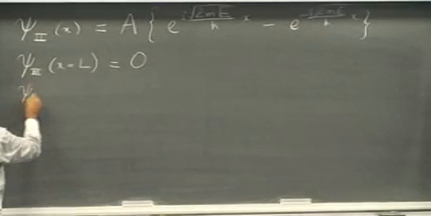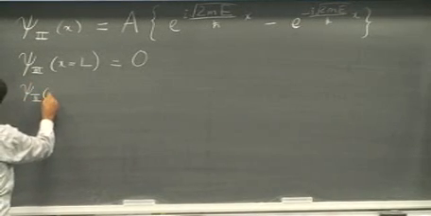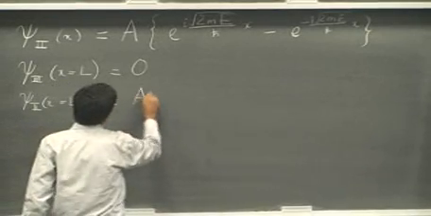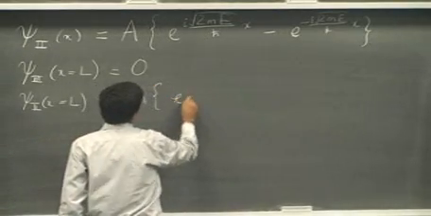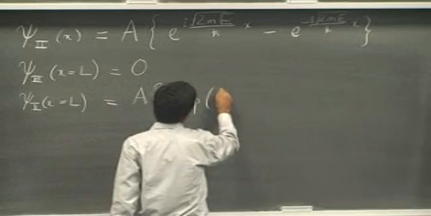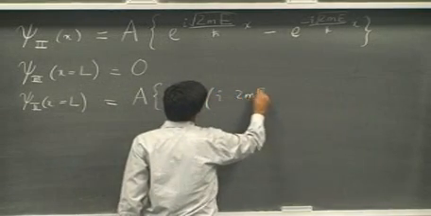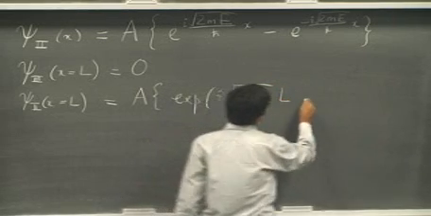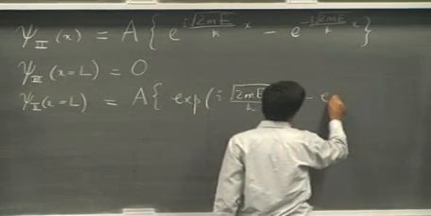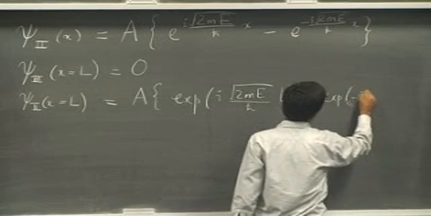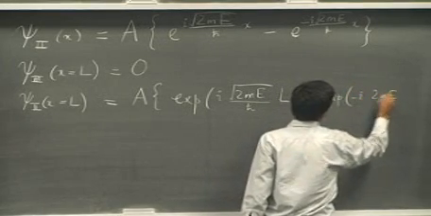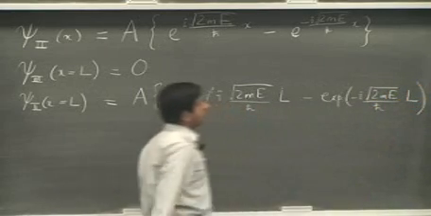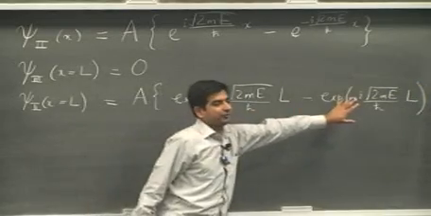But in region 2 the wave function at x equals L is given by A times e to the power i square root of 2mE over h bar L, minus e to the power minus i square root of 2mE over h bar L. Now what is this expression equal to?